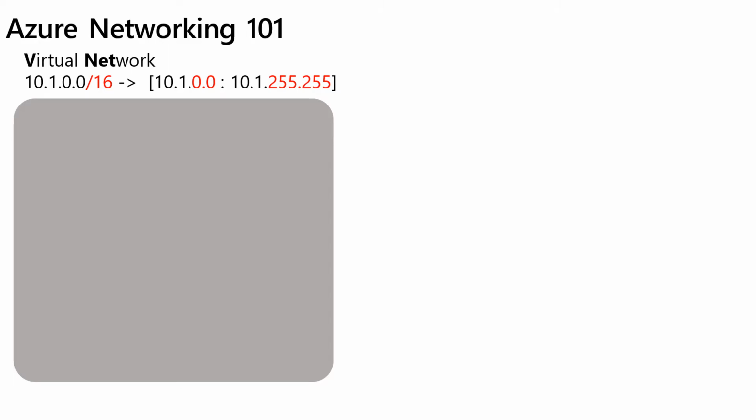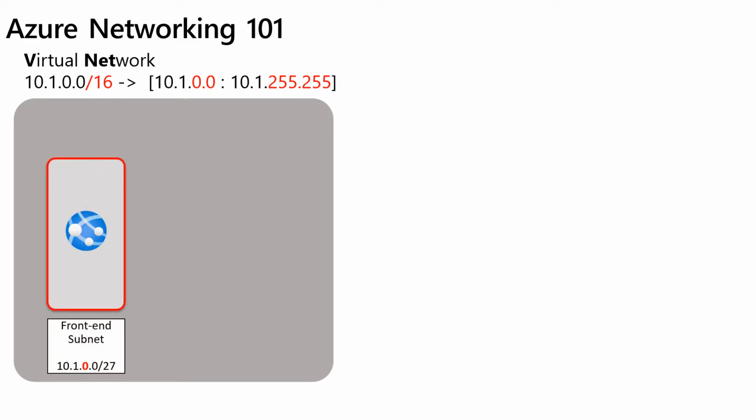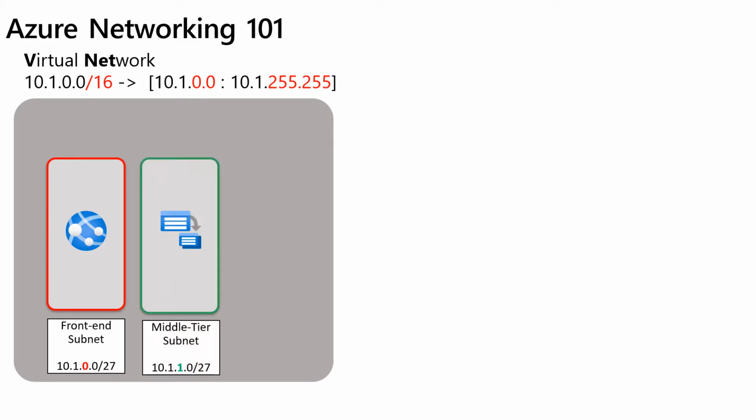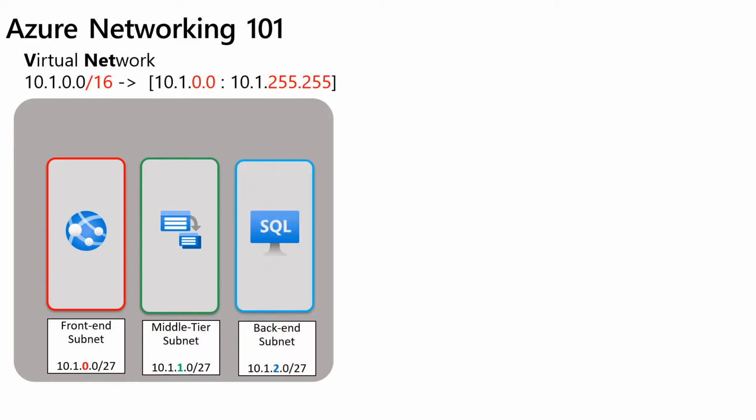And you can take the VNet and then split it up into what are called subnets, which means you carve it out into logically separate ranges. So I can carve it out into 3 ranges like this: 10.1.0, 1.1, and 1.2 for front, middle, and back end subnets. Just an example.